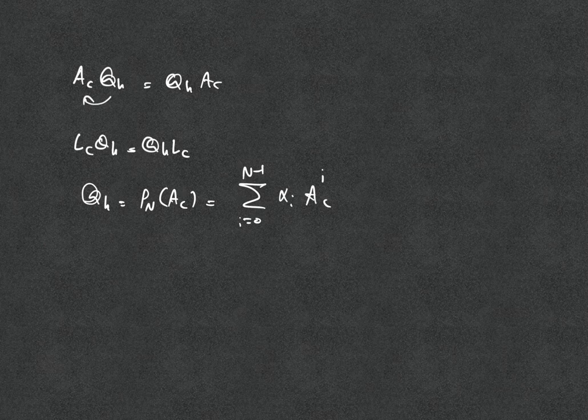Now that we have talked about discrete time-varying signals and the fact that shifts and convolutions can be represented by this type of matrix multiplication with the representation, let's start generalizing these notions a little bit.